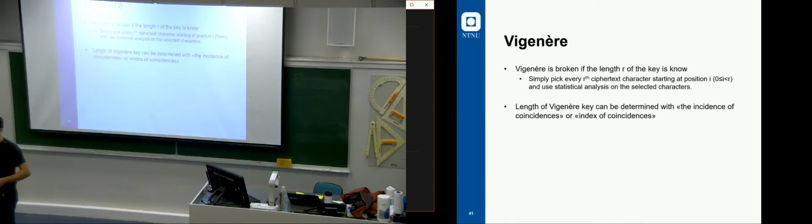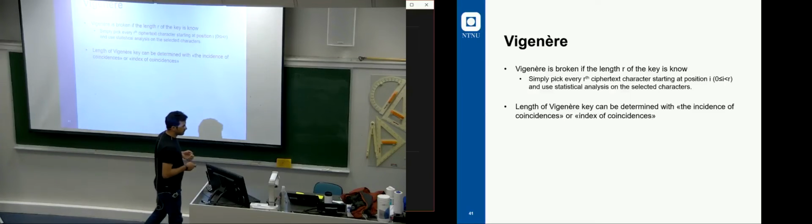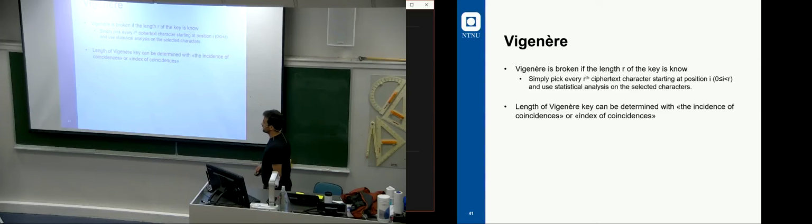Although it is not very important for you to read this, there is something which can be used to decrypt the Vigenère cipher. That is what we call the index of coincidence. If you can note this down and read it, and later on, if we have time, we can discuss that. That's why it's not highlighted much.